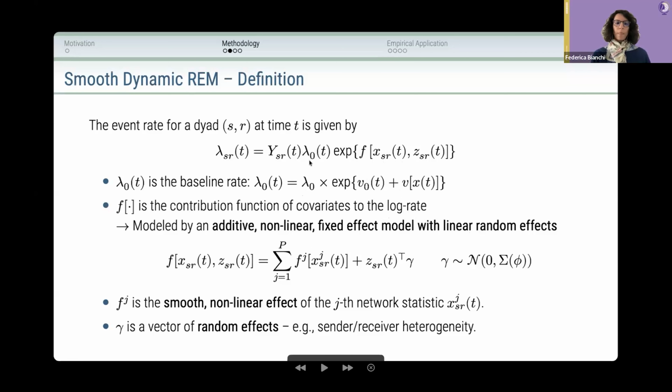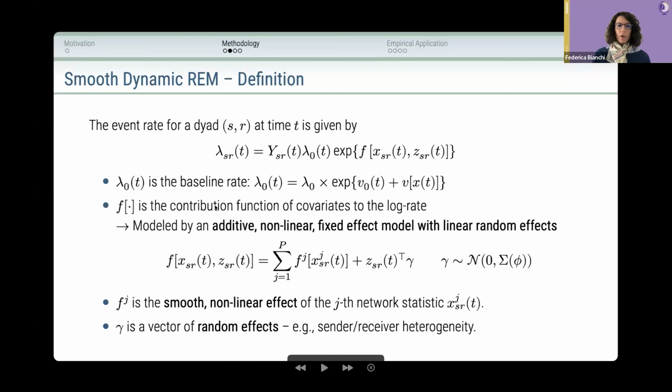So this lambda 0t component, the baseline rate, captures the residual effects that are not explained by the network covariates, and more in general can be associated with global covariates or anything that is not related to senders and receivers.